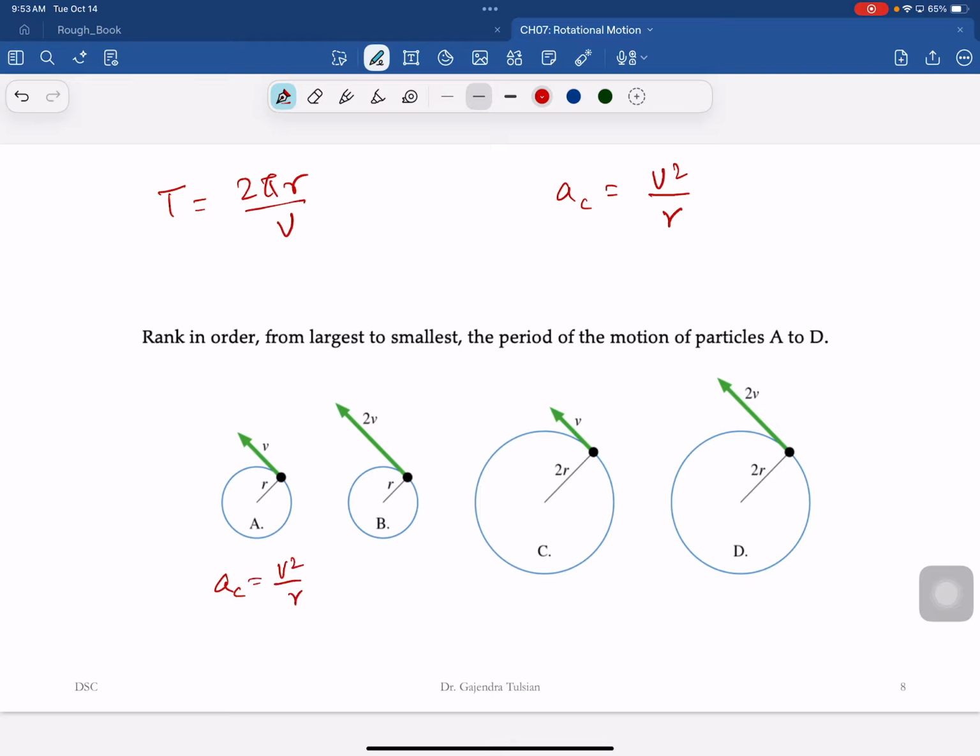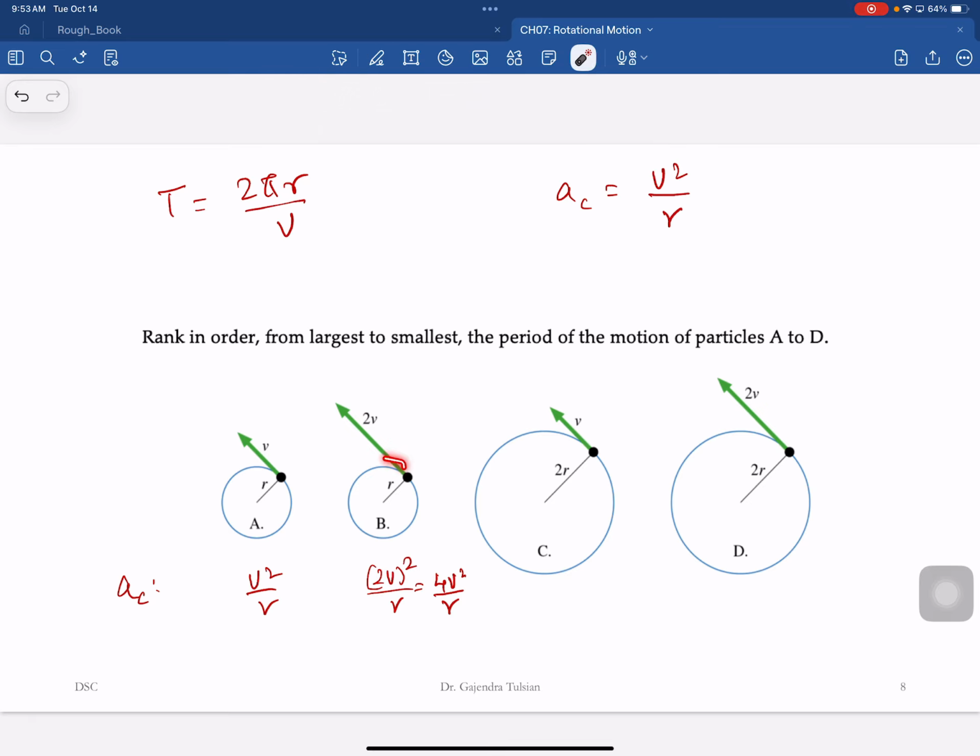For this one, it's 2v squared by r, which is equal to 4v squared by r. So the centripetal acceleration for this motion is 4 times the centripetal acceleration for this motion.